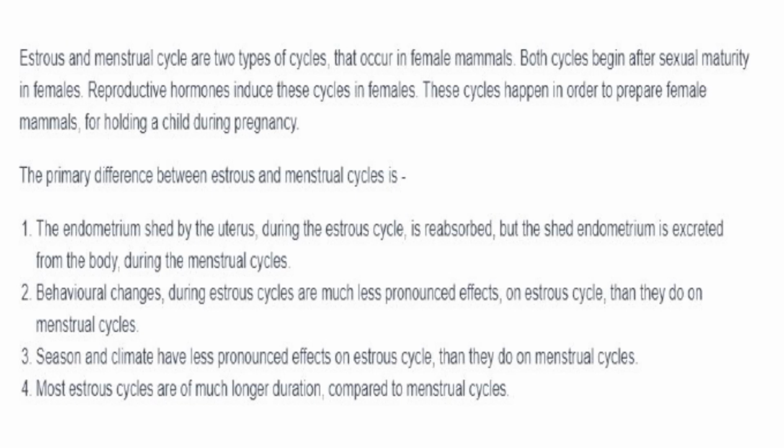The primary difference between estrus and menstrual cycle is that the endometrium shed by the uterus during the estrus cycle is reabsorbed, but the shed endometrium is excreted from the body during menstrual cycle. Yes, that is the primary difference. So 1 is the answer.